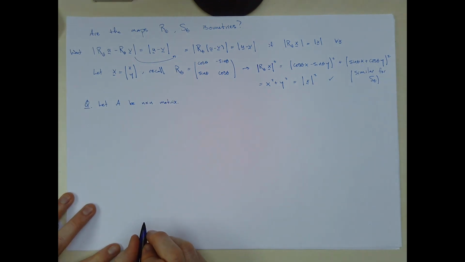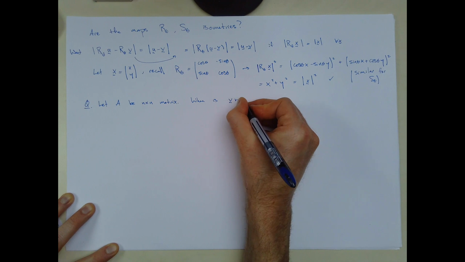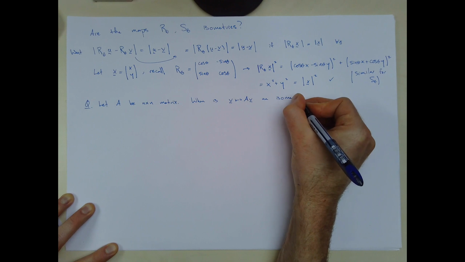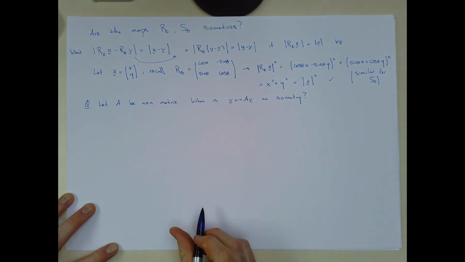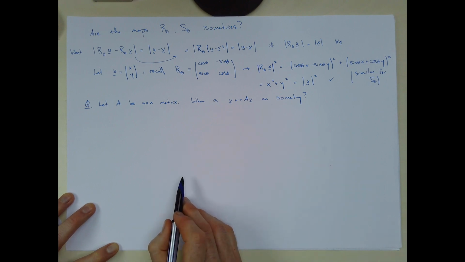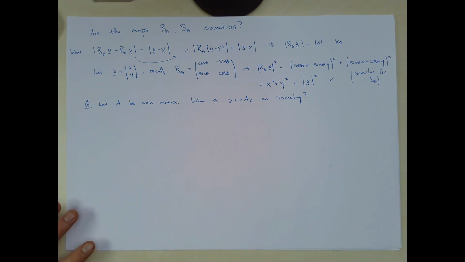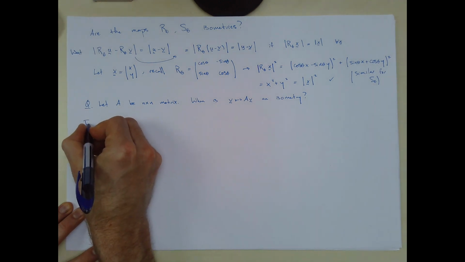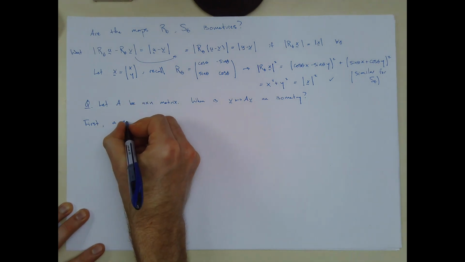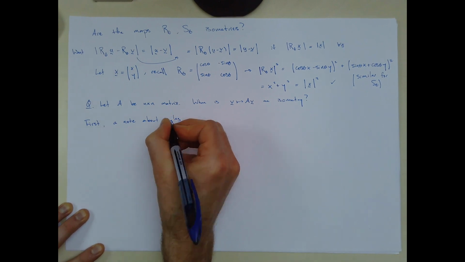And I want to know what needs to be true about A when is the map v to Av an isometry. Okay, for which matrices A is this matrix multiplication an isometric map? Okay, so first, it's useful to make a note about angles.